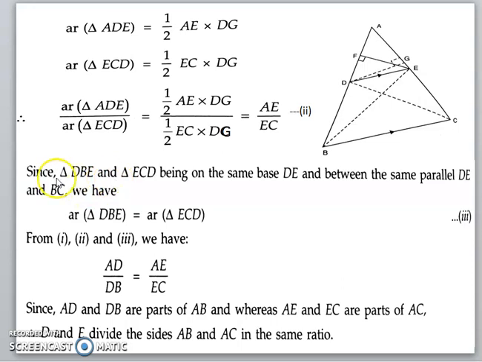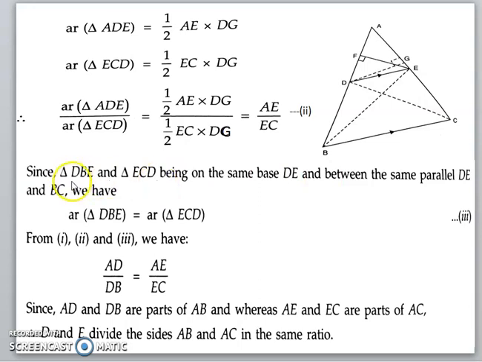Now since DBE and ECD, they are lying on the same base DE and between the same parallel lines DE and BC. So these two triangles are lying on the same base DE and between parallel lines DE parallel to BC. So therefore they must be equal in area. This theorem we have already learnt in standard 9, that any two triangles which lie on the same base and between same parallels will have equal area.